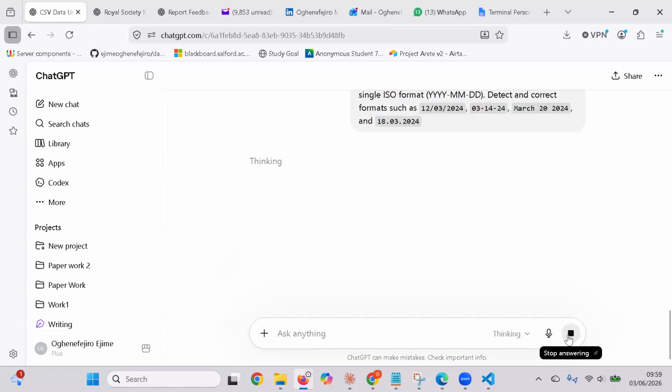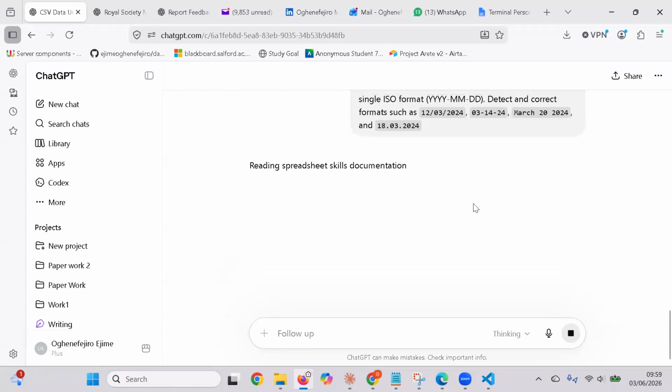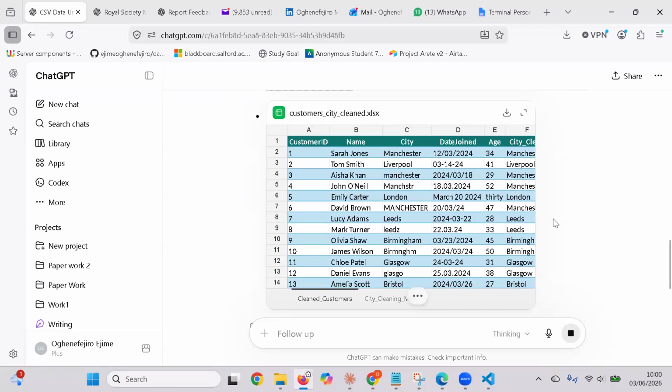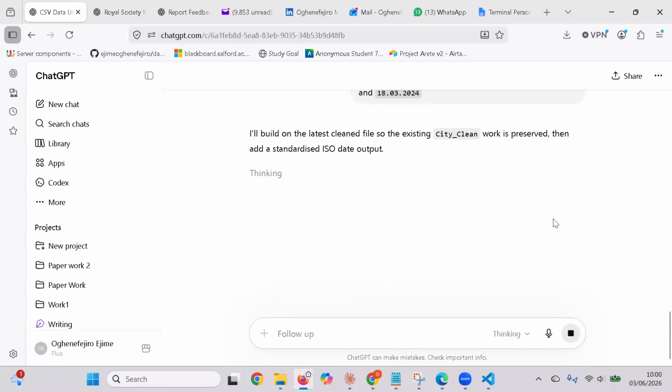Again, if I enter this prompt, let's give it a minute. It will actually do the same that it did for us. It will output another sheet down for us. But mind you, if you were to do this using Excel, it's actually possible, but it will really take you time. But thank God for AI, you don't really need to go through the hustle again.